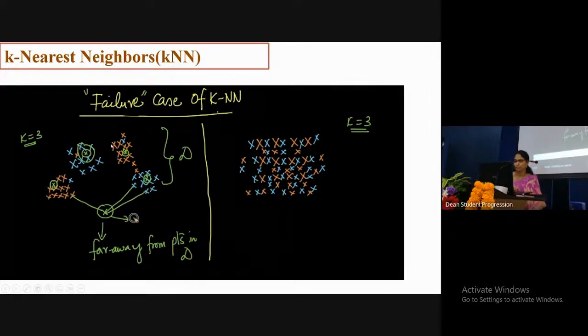It is equidistant to all these labels, so it's very difficult for me to decide which class it needs to fit into. Or you have very far away points for this test data set. This is one failure case.